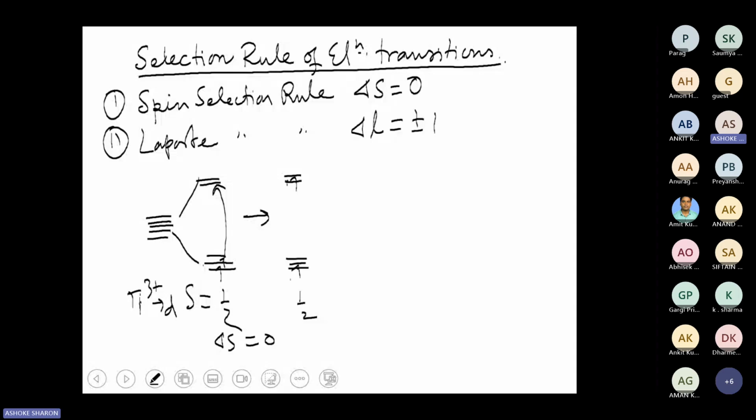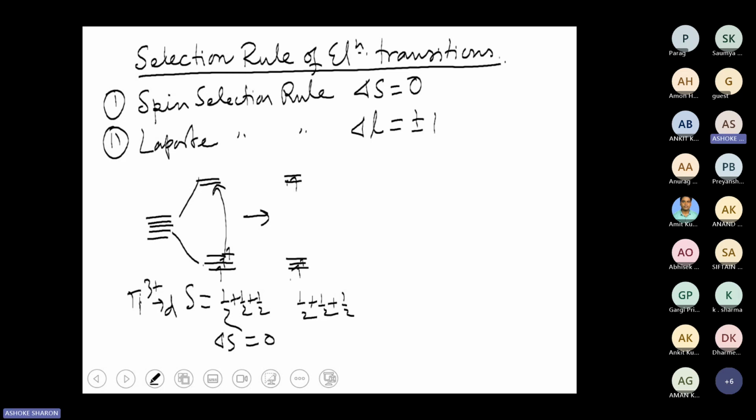So before the transition it was half plus half, and after the transition also it is half plus half. So delta S is again 0. For chromium 3 plus, one electron is added here, and again plus half and plus half. So for D1 to D3 system, it remains the same.